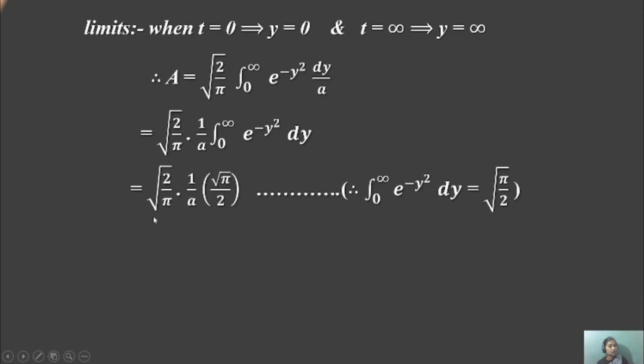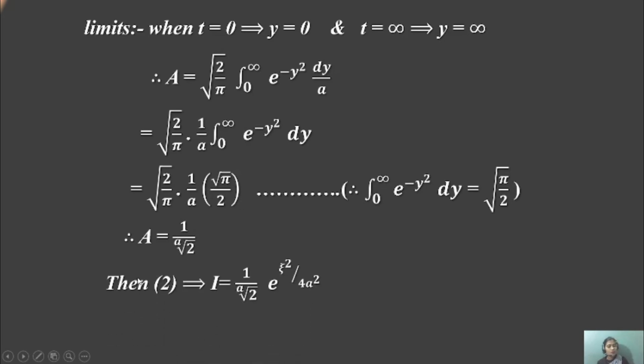Then square root of 2/π into 1/a, this is the equation for solving a. The integral from 0 to infinity of e to the power -y² dy equals square root of π/2. Then multiplying both sides, a equals 1/a in the denominator, then getting this value in brackets, square root of π/2, which is square root of π over square root of 2, and the denominator cancels, giving square root of 2.